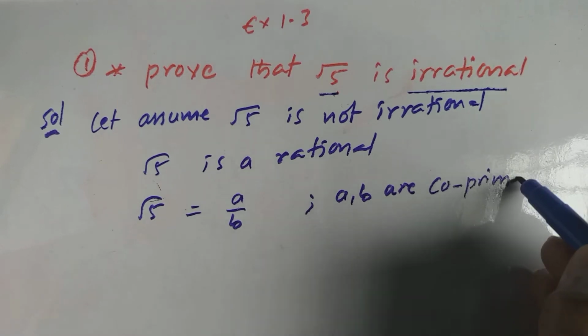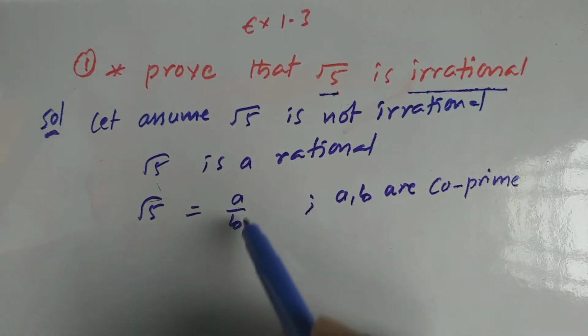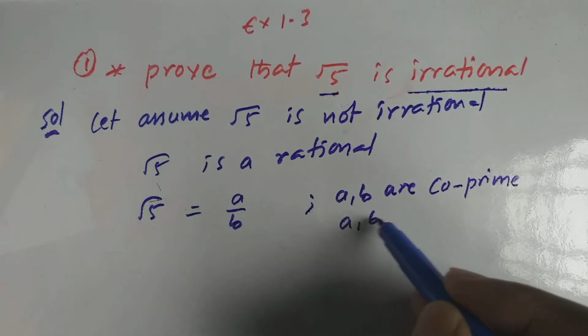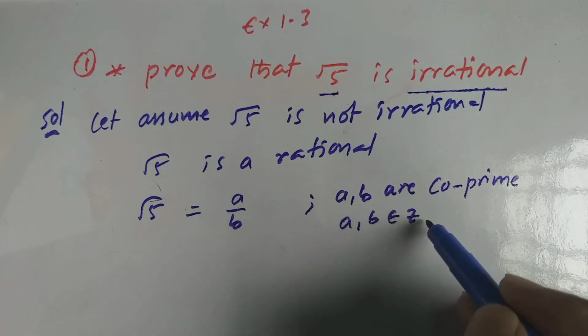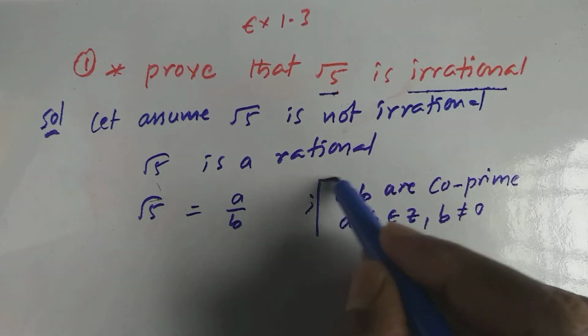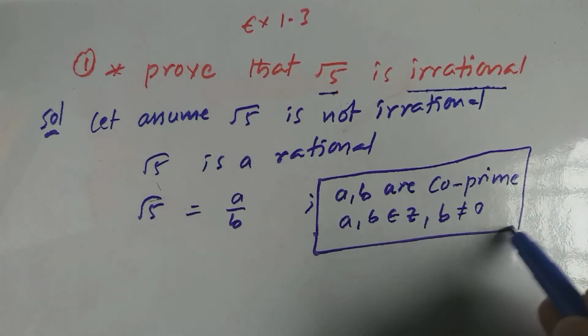Co-prime means there is no common factor, the simplest form of the fraction. There is no common factor other than 1. And as per the condition, both numerator and denominator belong to Z, integers, and the denominator is not equal to 0.